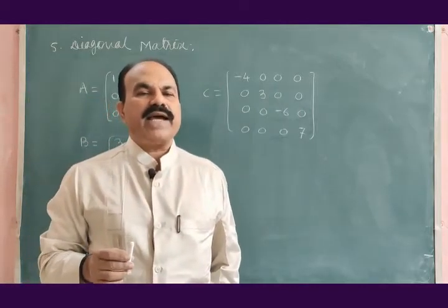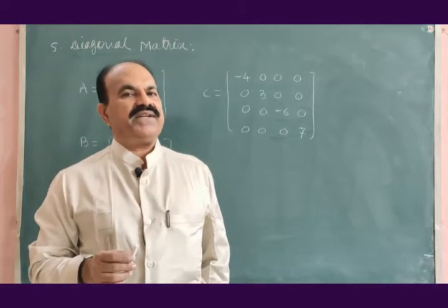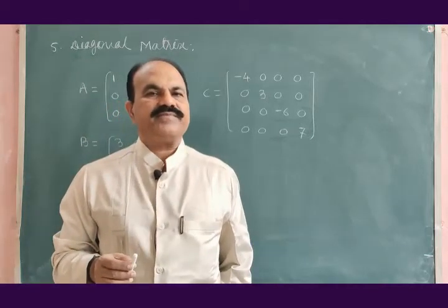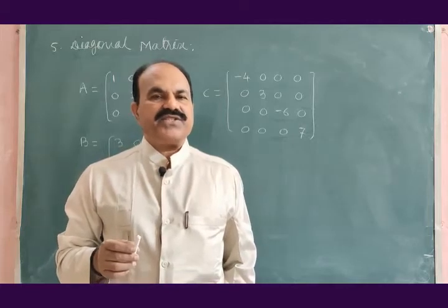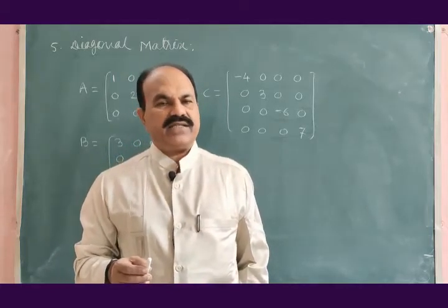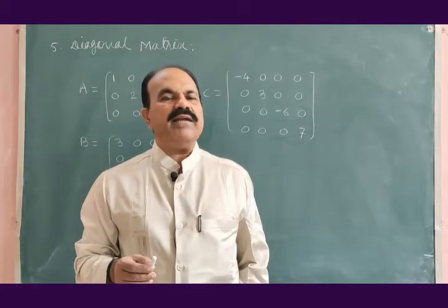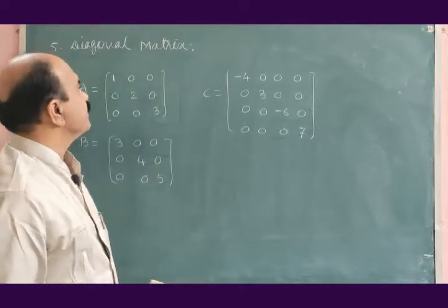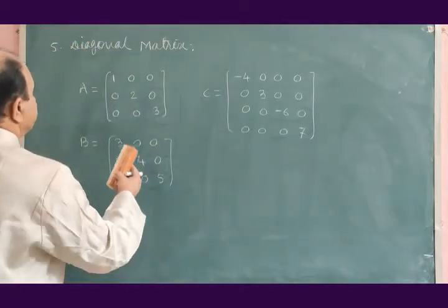So, diagonal matrix is a square matrix such that its diagonal elements are non-zero and non-diagonal elements are 0. This is the fifth category.